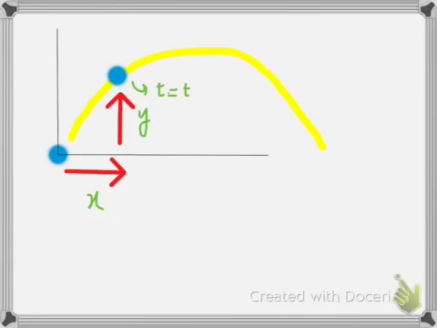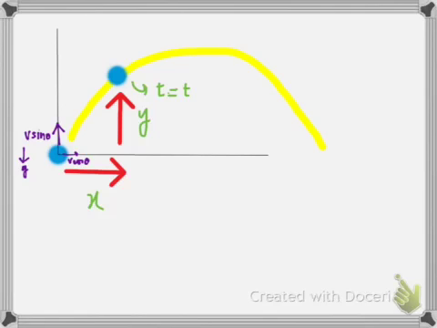Now we know that this thing here has a velocity of v sin theta in this direction, and a velocity of v cos theta in this direction. Acceleration is g downwards. Right. So we can easily find out y at time t and x at time t.